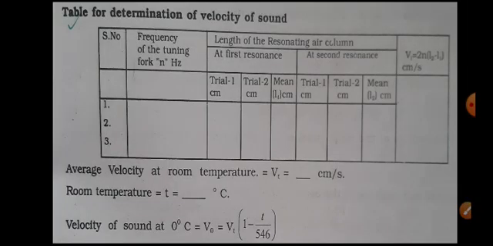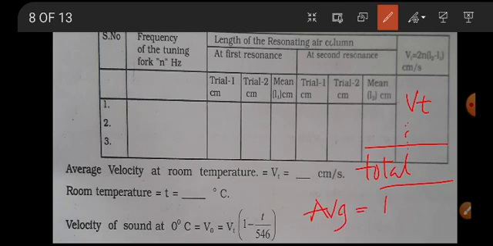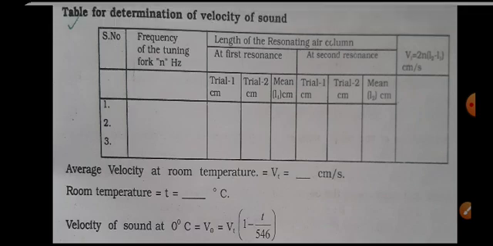By using this formula you can calculate Vt, and you will get different Vt's. Then total them, and take the average of this total by the number of times; I am taking 3 times. So now you will get the average Vt value, the average velocity at room temperature.